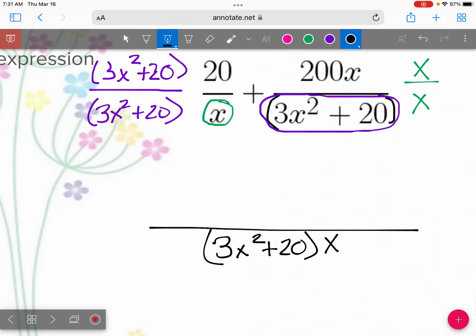Our numerators, we are all going to multiply out. So we're going to have our 3x squared times 20, giving us 60x squared. 20 times 20, giving us 400. And 200x times x, giving us plus 200x squared, because I'm good at mathing.